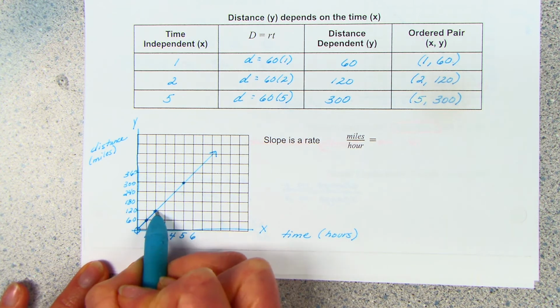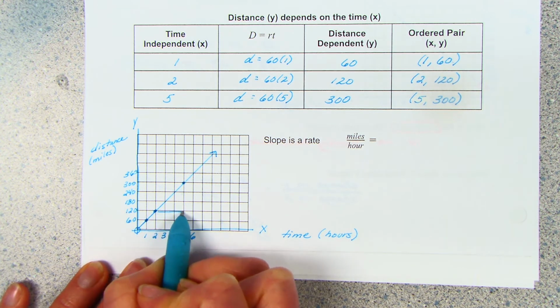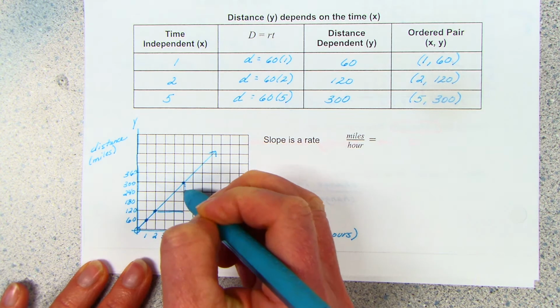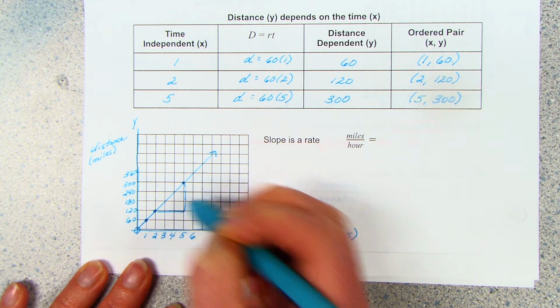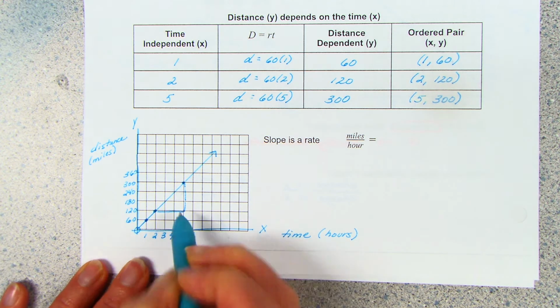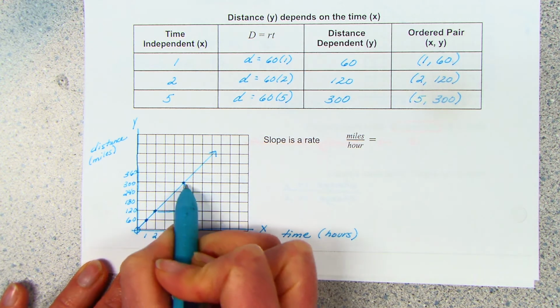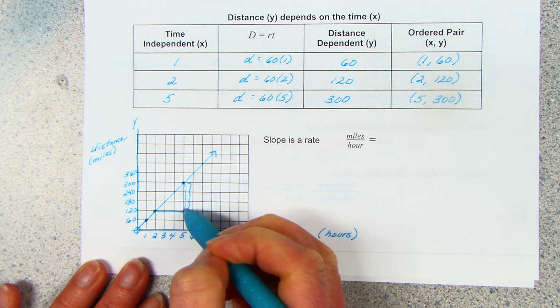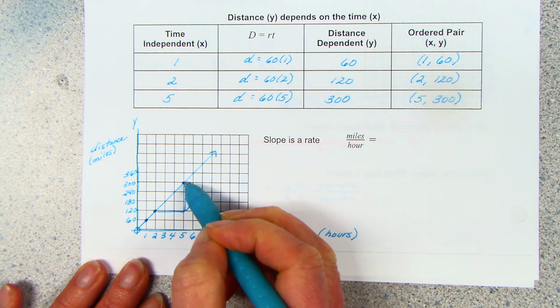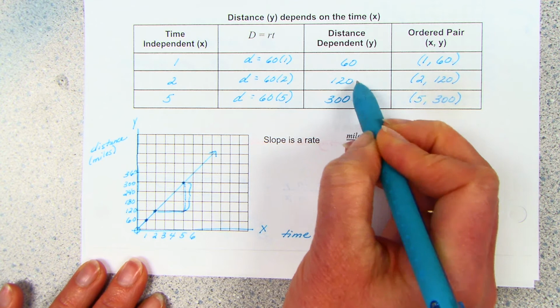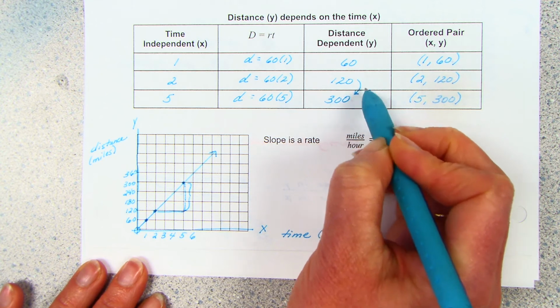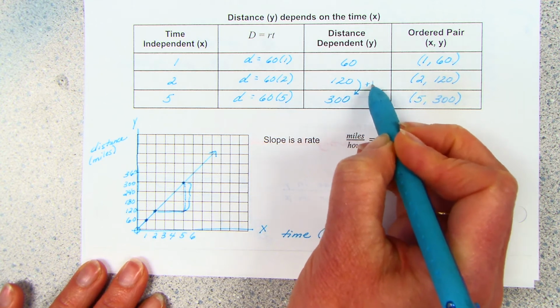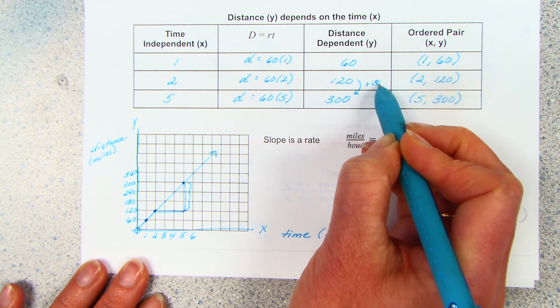If I make this and this, you'll do this in 7th or 8th grade also, kind of make this little triangle. So we can look at how much this y is going up. If it's going from 120 up to 300, that is 180, I believe.